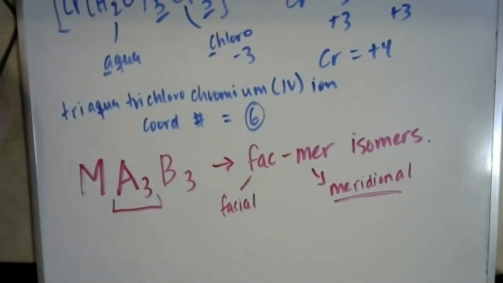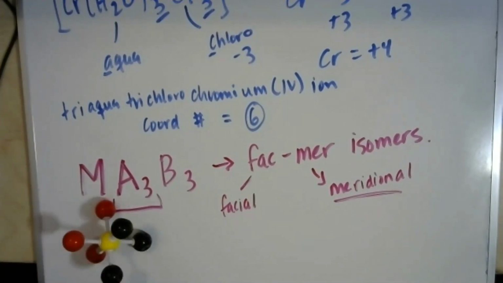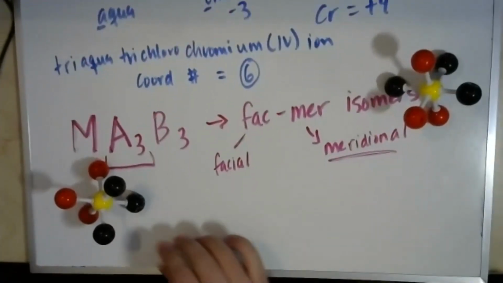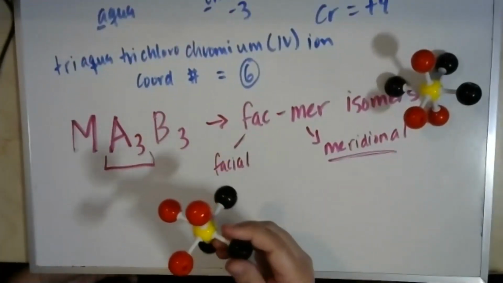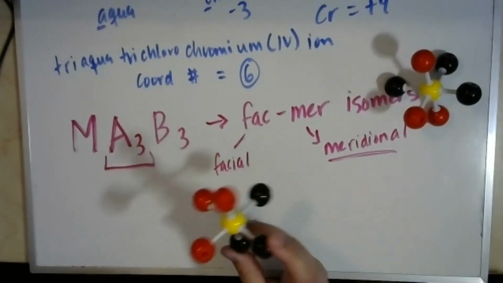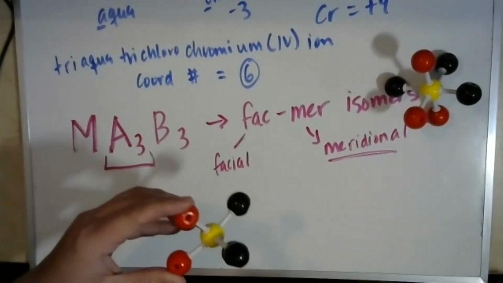So let's see, are they over here? I was trying to create these before I started this video so that we could look at them. Okay, so we have 2 types of isomers. This would be considered the fac isomer, the facial isomer, because you have all 3.